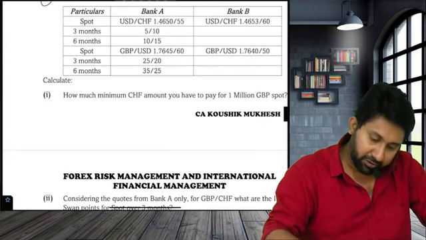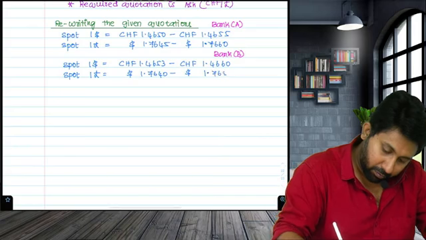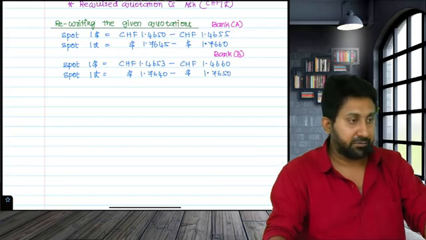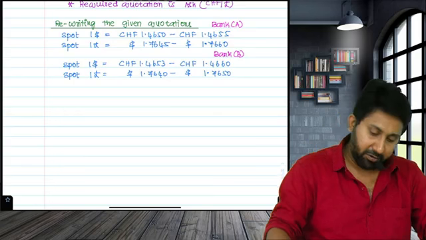Next, spot 1 pound equal to dollar 1.7640 dash 1.7650. Two banks we have given.